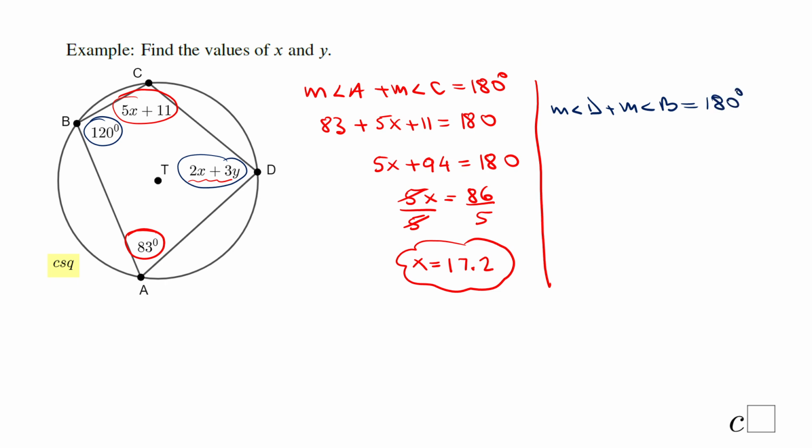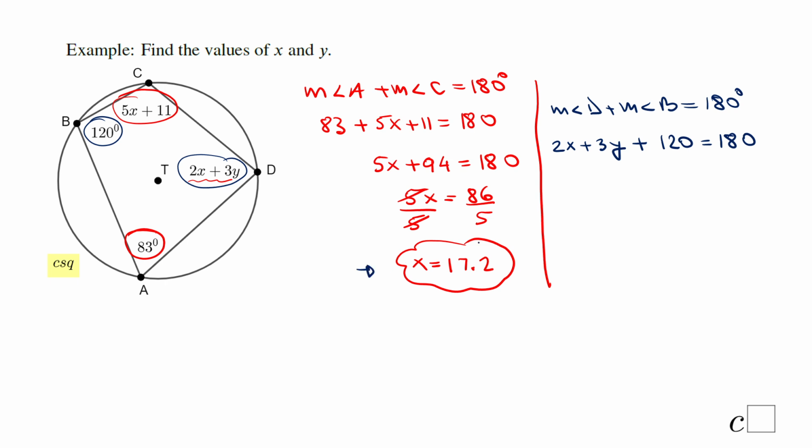They are supplementary because they are opposite angles in an inscribed quadrilateral. So we have 2x plus 3y, that is the expression for angle D, plus 120 equals 180. So now remember, we have x.